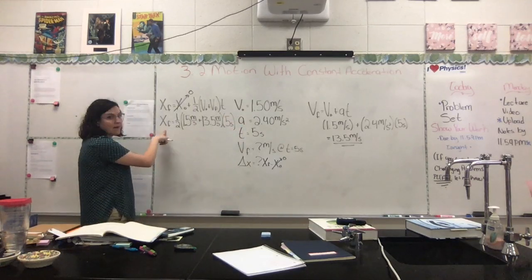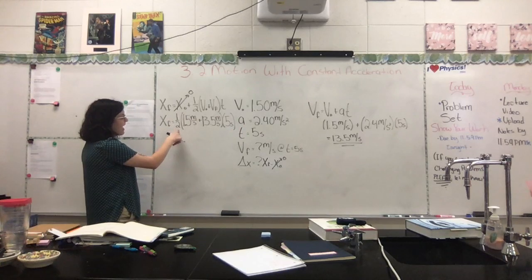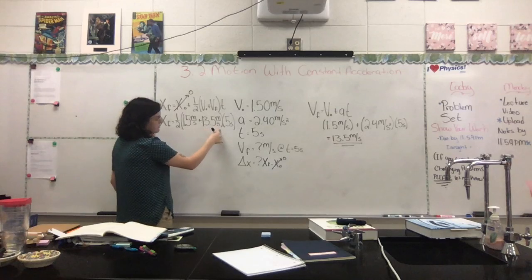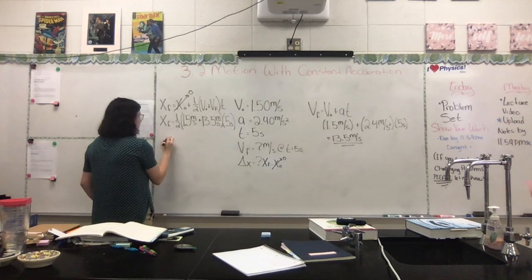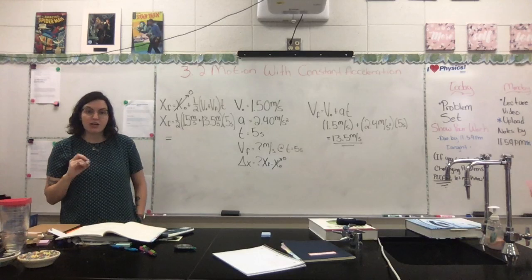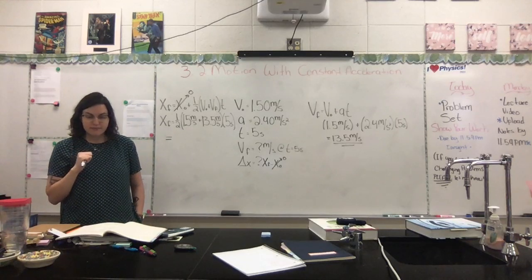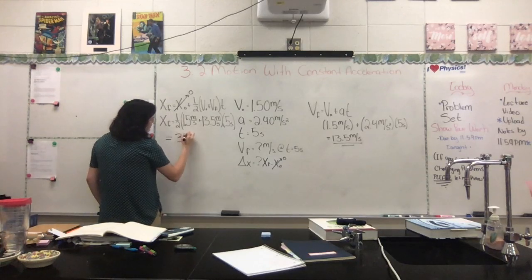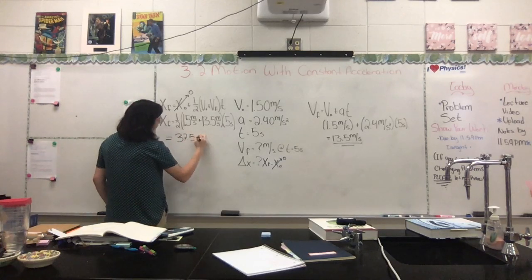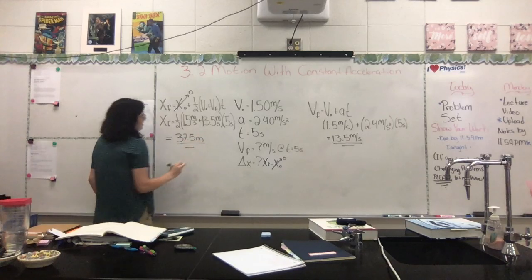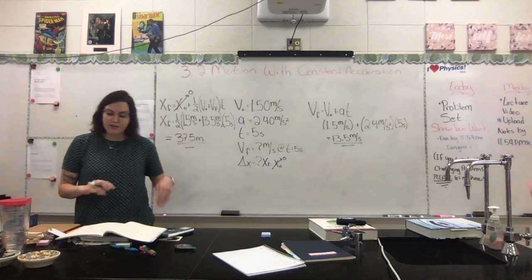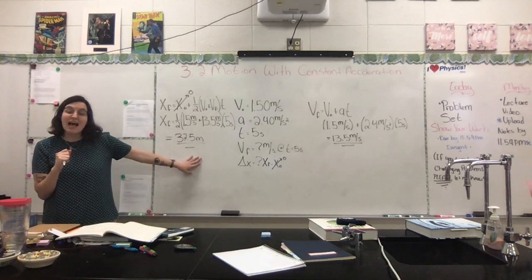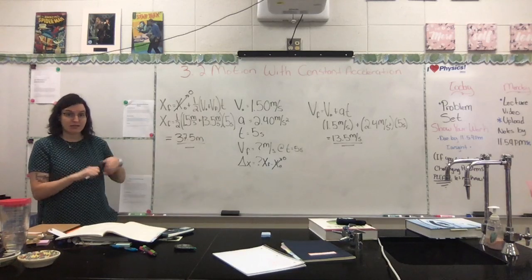So I want you to go ahead and type that into your calculator and see what you get. All right, what you should have gotten is 37.5 meters. Okay, that's how far the boat's traveling in that 5-second time frame. It's going to travel 37.5 meters.